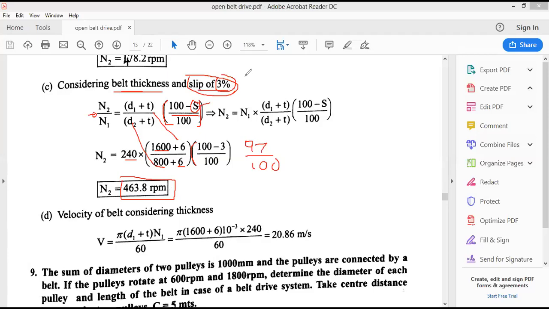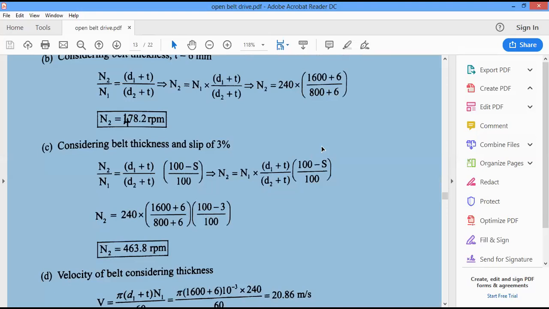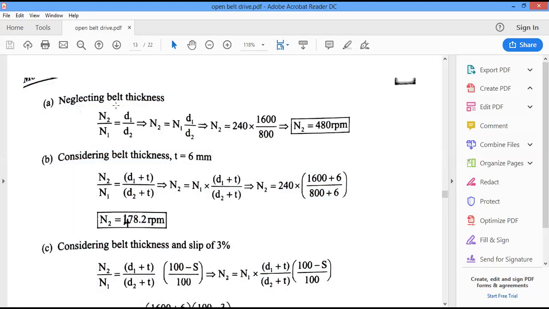Now we have solved for the three conditions. Let me show you one observation we have to make. Without considering the belt thickness, the RPM at the generator is 480. Once the thickness of the belt is considered, another 6 mm is added, so the speed reduces to 478.